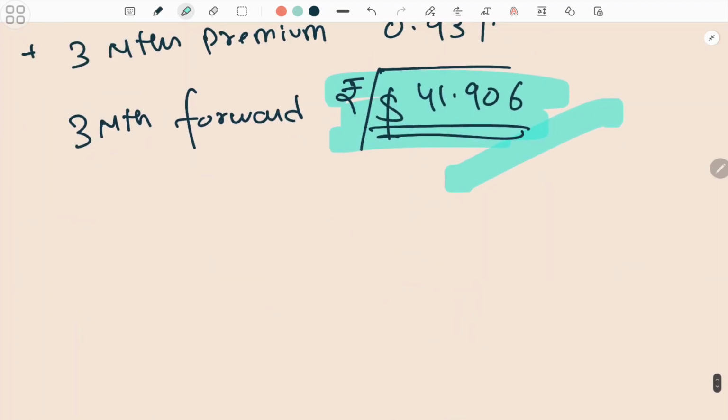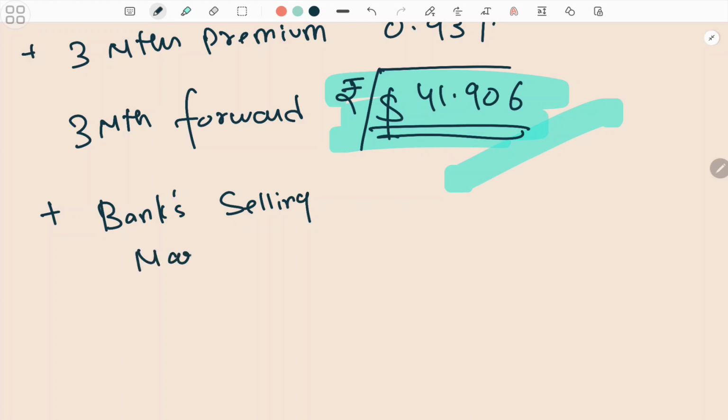So the customer will not only have to pay 41.90, the customer has to pay an additional 0.20%, the bank's selling margin, because the bank is actually selling the dollars to the customer.